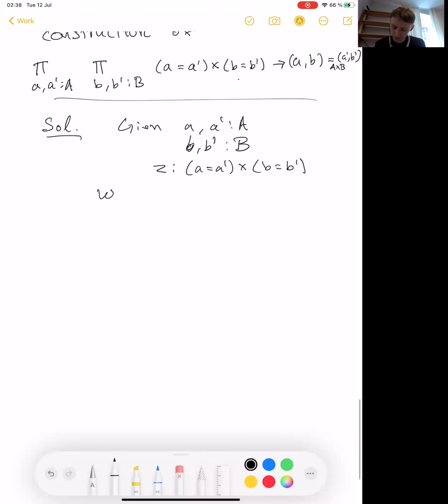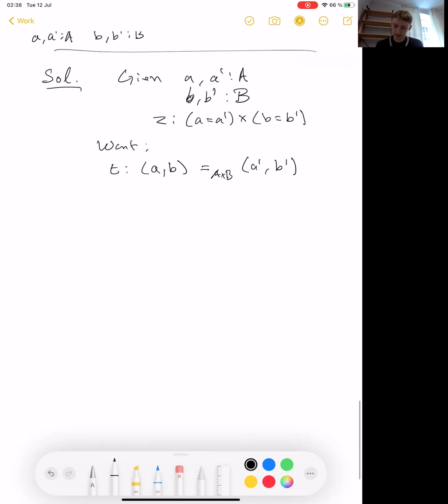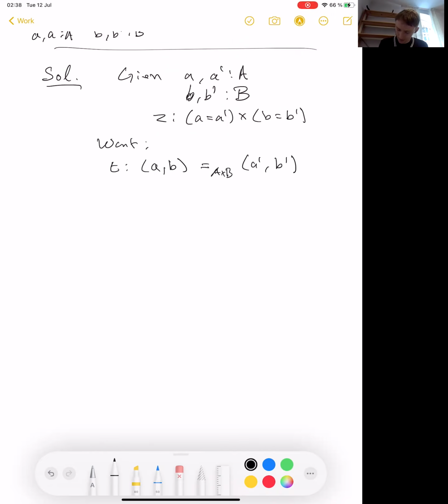And we want a proof or a term, let's just call it t, of (a, b) equals (a prime, b prime). Now that looks much less scary than the big pi type, right?